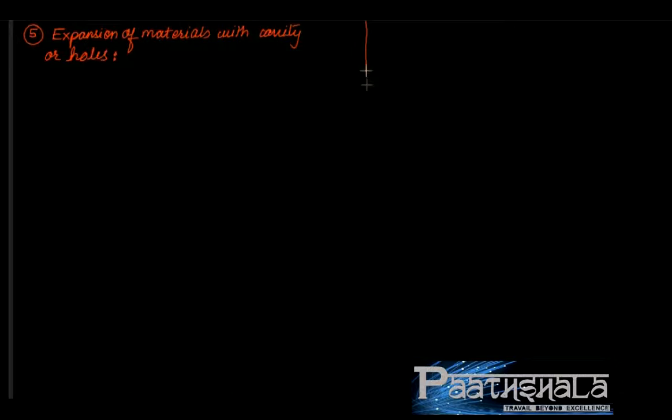For instance, let us say we have a disc over here and there is a hole in it. So in linear expansion, the thing we need to understand is that every dimension expands. See, logic will tell us that when the disc expands because of heat, the hole will actually shrink in size. Why? Because we will think that the disc will expand, so the hole will have to shrink, to make room for the disc to expand.